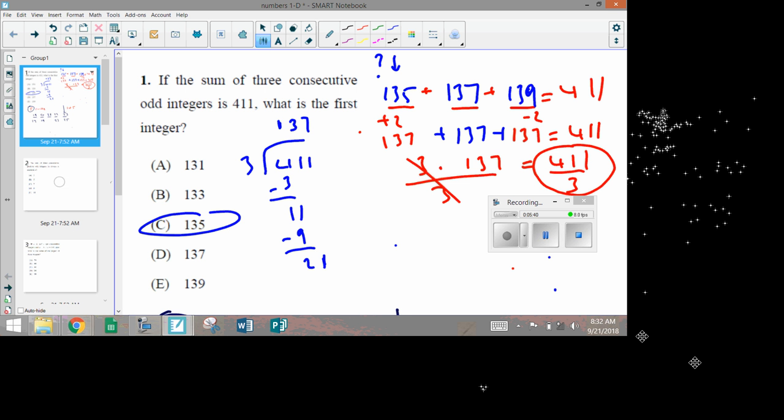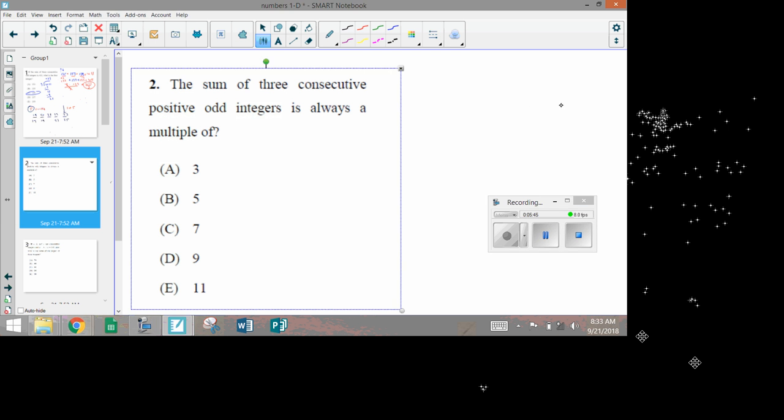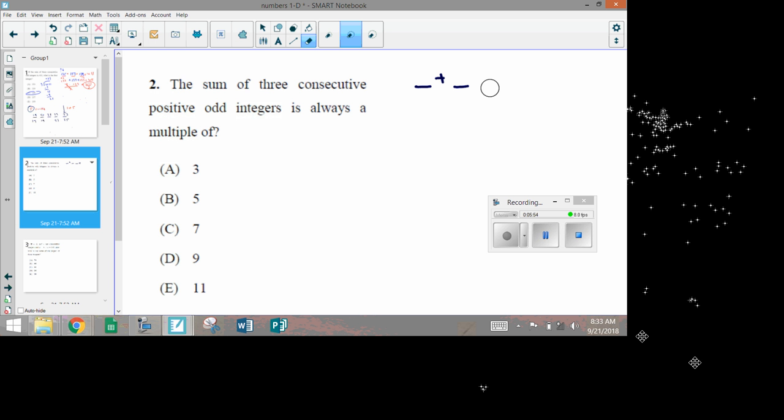Okay, next question. Let's try numbers. We have 3 numbers. Is it always a multiple of which one? So let's try some numbers here. The sum of 3 consecutive positive odd integers.